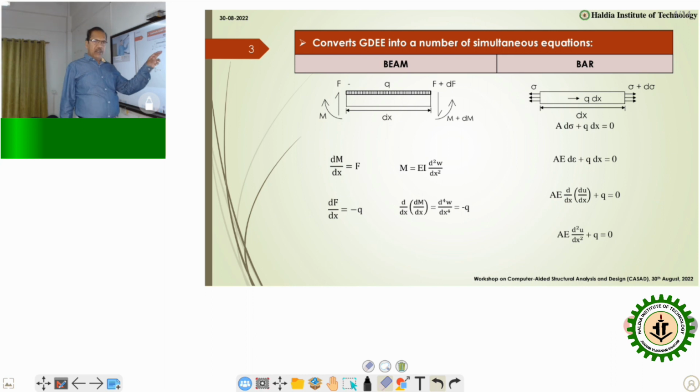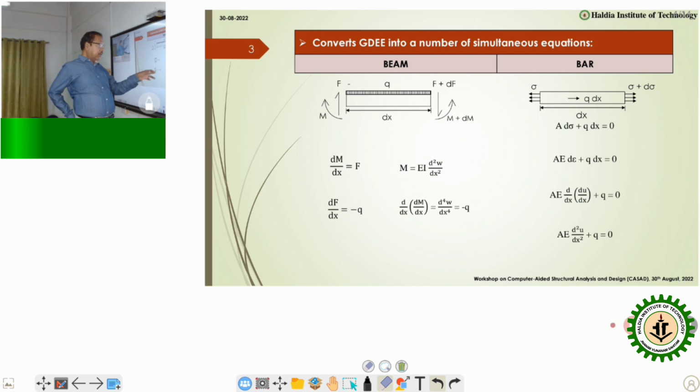EI in combination is called the flexural rigidity of a beam, and w is the downward deflection, and x, as we are seeing here, is the axis in the direction of the length of the beam.